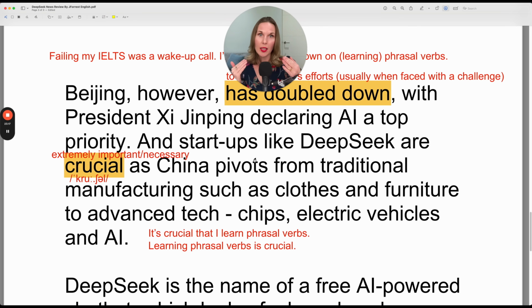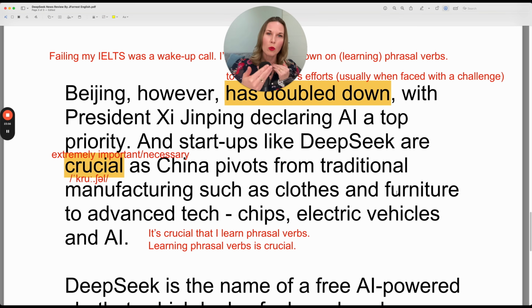So if you pivot, it means you change direction. So from traditional manufacturing, such as clothes and furniture, to advanced tech. So we have these clothes, tech. So China is here, but is going to pivot. So it's going to change direction or do something different. So if you were only studying grammar rules, but neglecting natural vocabulary like phrasal verbs, you might want to pivot and start learning phrasal verbs because you know they're crucial.